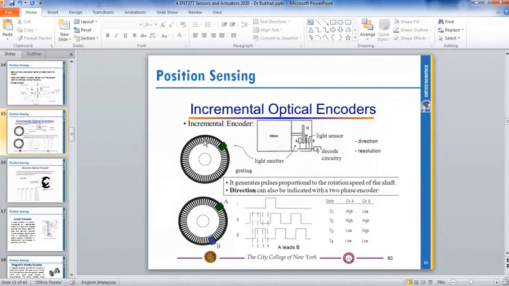That means your resolution equals 360 degrees divided by 200. So each slot is 1.8 degrees, or the resolution of the sensor is 1.8 degrees.